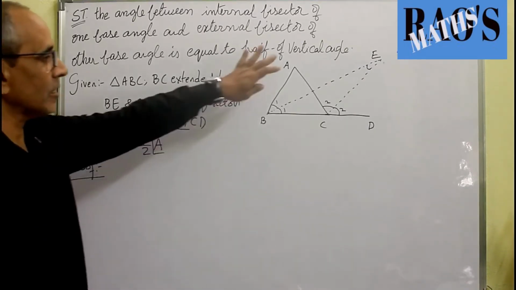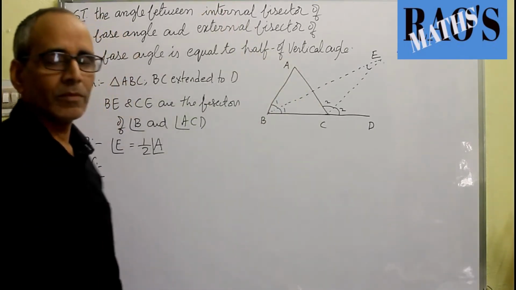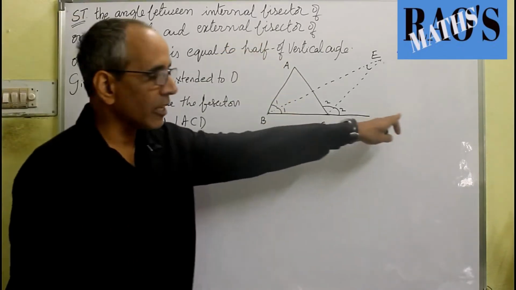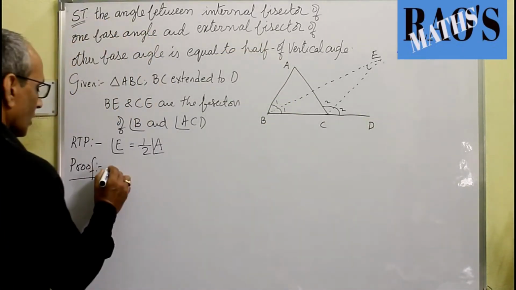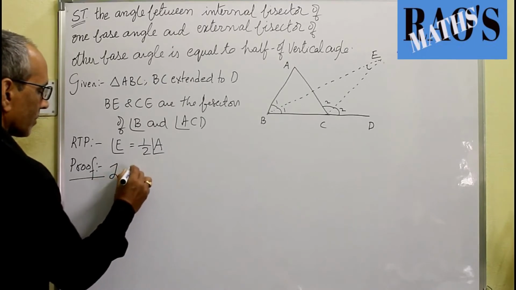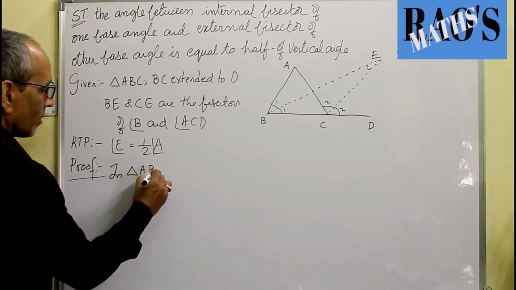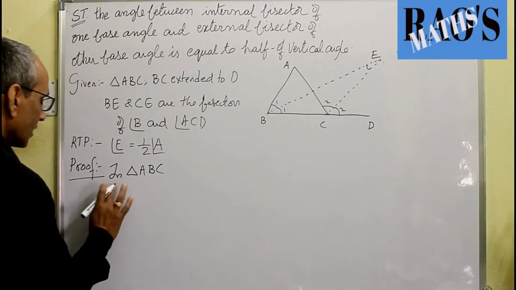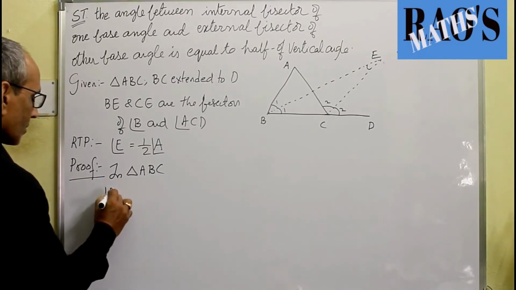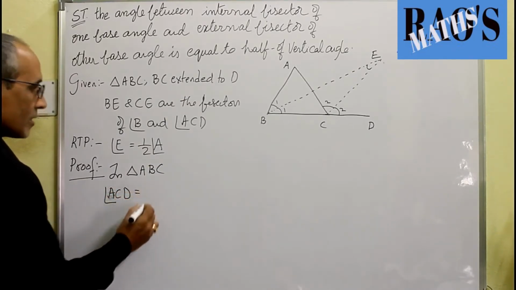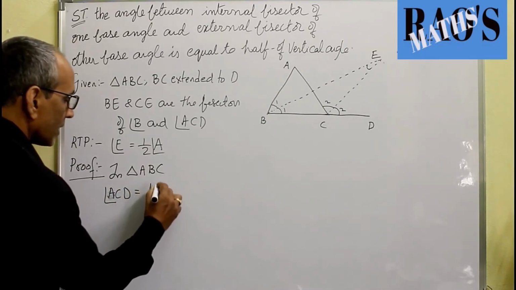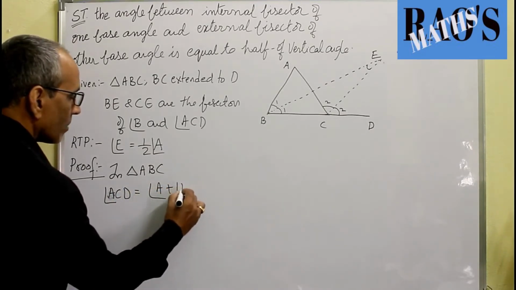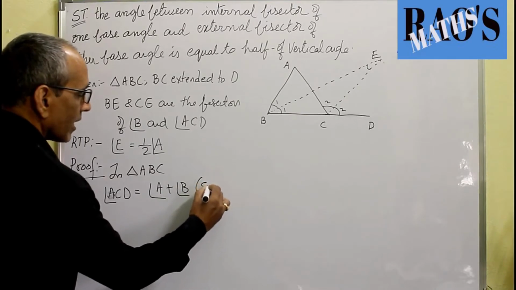First, let's take the given triangle ABC, for which ACD is the exterior angle. In triangle ABC, angle ACD is the sum of angle A plus angle B, because this is the exterior angle.